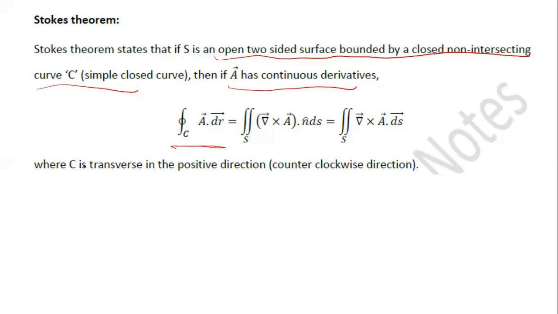Here C is traversed in a positive direction, meaning whatever closed curve you are taking, it is in the positive direction.